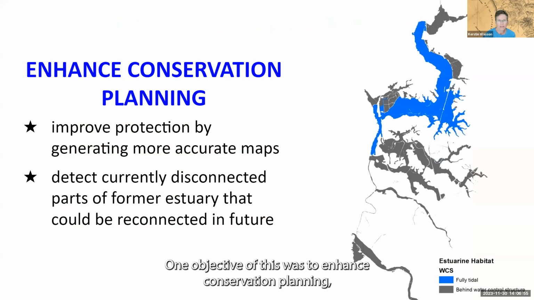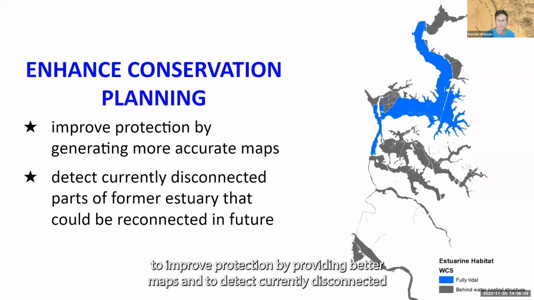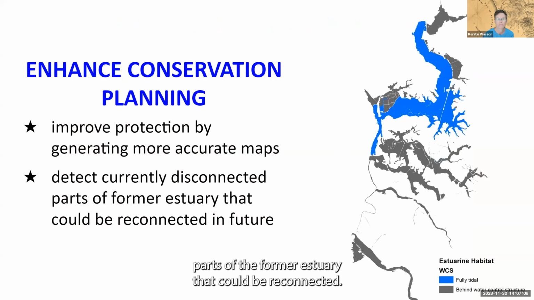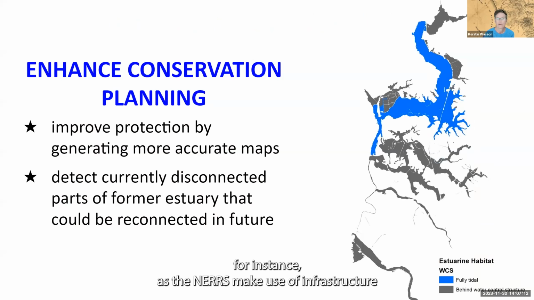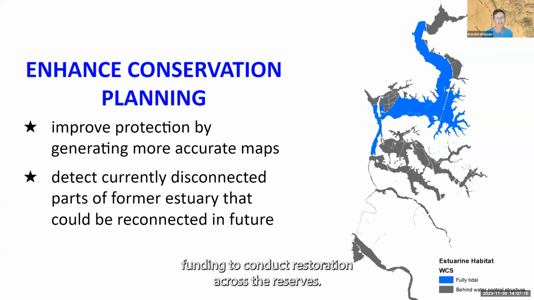One objective of this was to enhance conservation planning, to improve protection by providing better maps, and to detect currently disconnected parts of the former estuary that could be reconnected. There really is a national need for estuarine planning tools. For instance, as the NERRs make use of infrastructure funding to conduct restoration across the reserves.